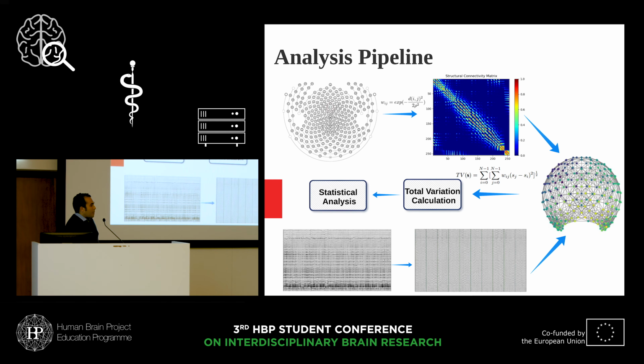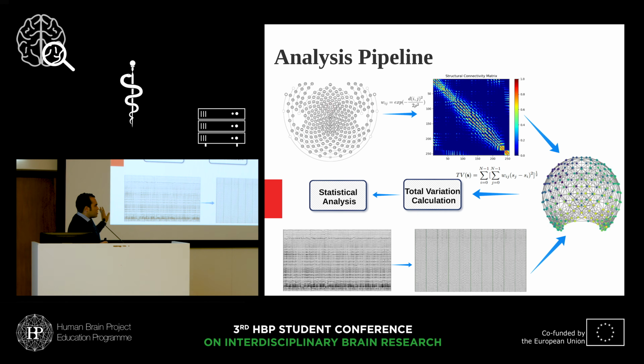What we did was use high-density EEG recordings, which have 256 electrode channels. We constructed the underlying graph based on the physical distance between the electrodes, so the electrodes that are near each other have the strongest weights in the graph.